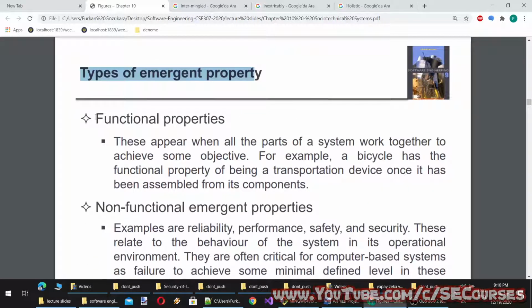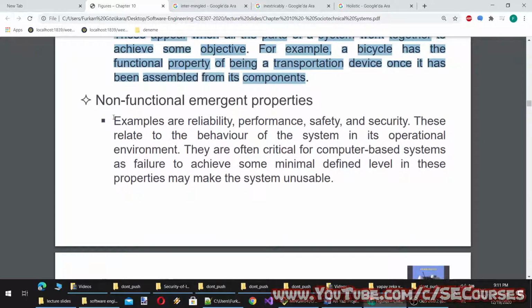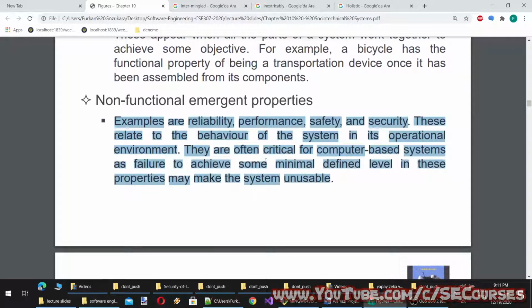Types of emergent property: functional properties. These appear when all the parts of a system work together to achieve some objective. For example, a bicycle has the functional property of being a transportation device once it has been assembled from its components. And non-functional emergent properties.